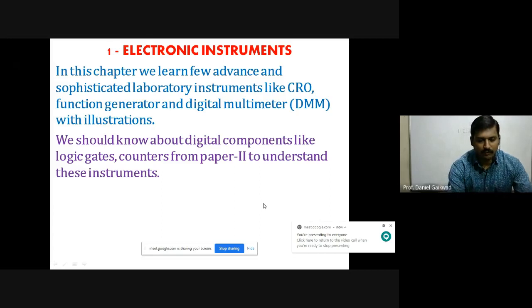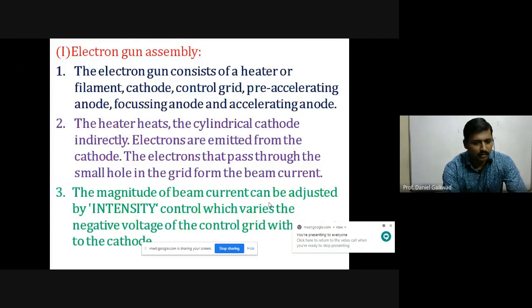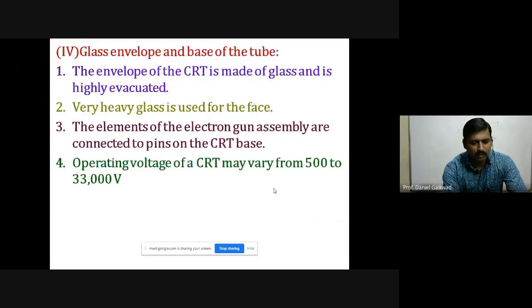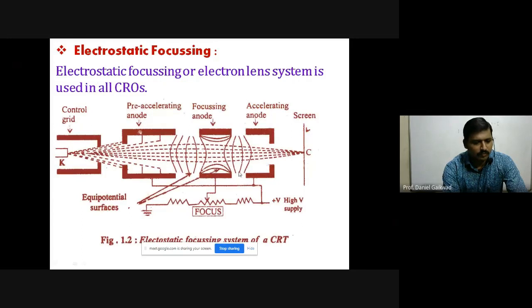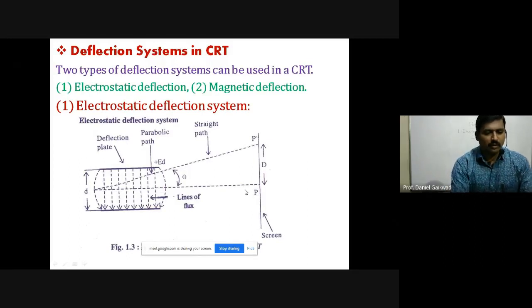Now check carefully. We begin with the first chapter, electronic instruments in electronics, paper 1. We have already learned the concept of cathode ray tube up to the topic of deflection plates.